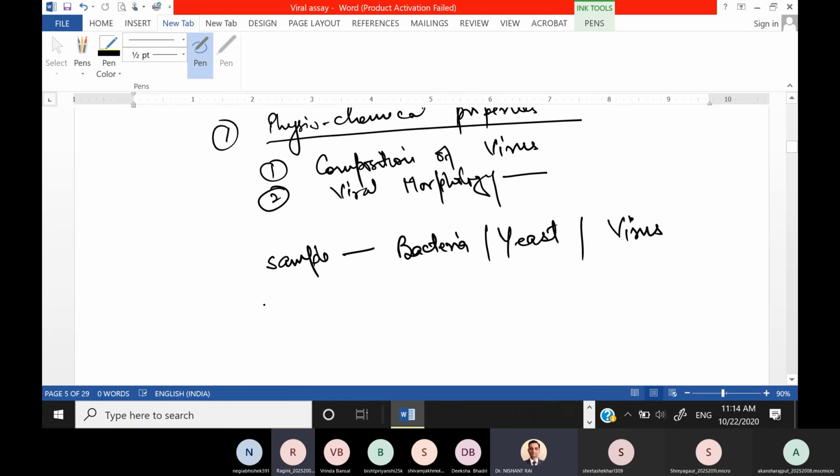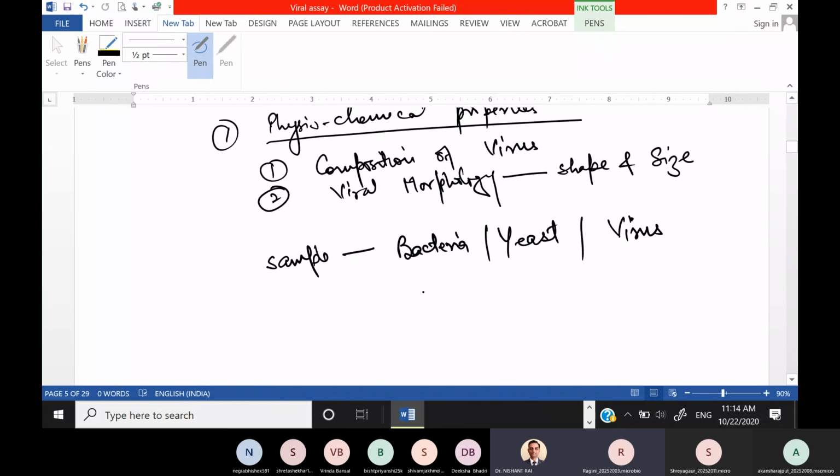So according to the shape and size. Okay, when we say morphology, absolutely right, it is shape and size. So we know the shape. Where will you identify this shape and size, and how will you differentiate? Which instrument will you use?